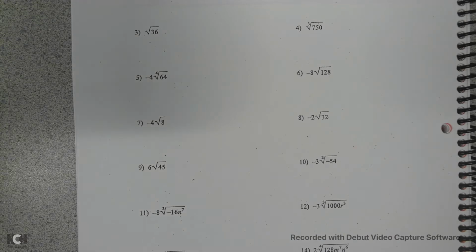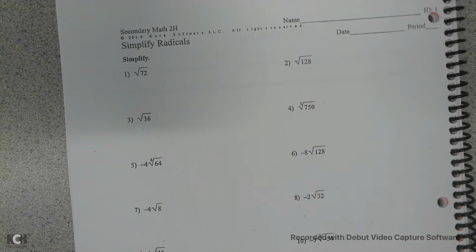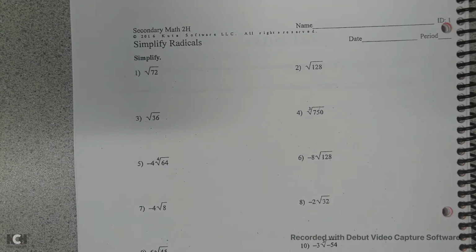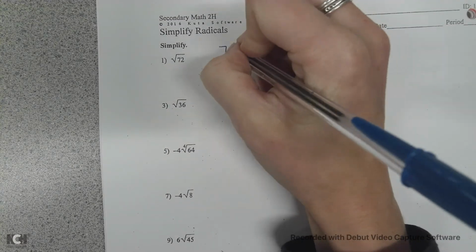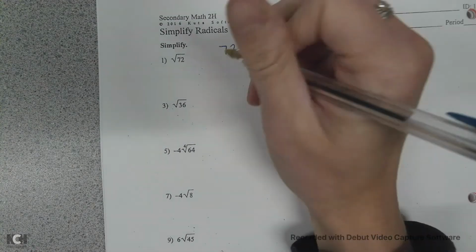We are simplifying radicals. The best way to do this is by making factor trees, just like we did before. So for example, let's get a pen. 72. I'm going to think of numbers that multiply to get 72.